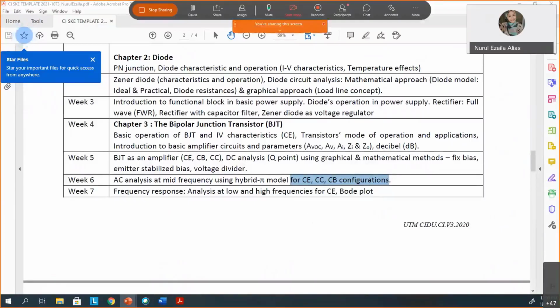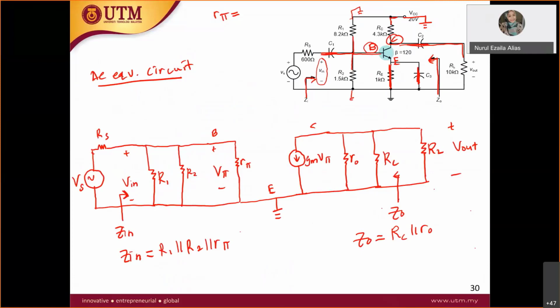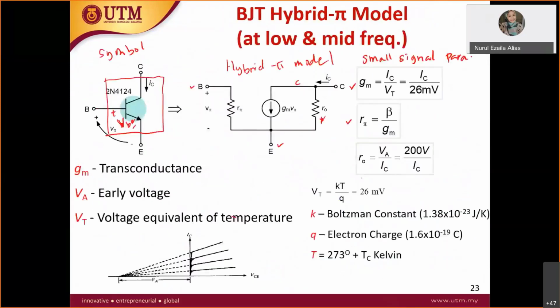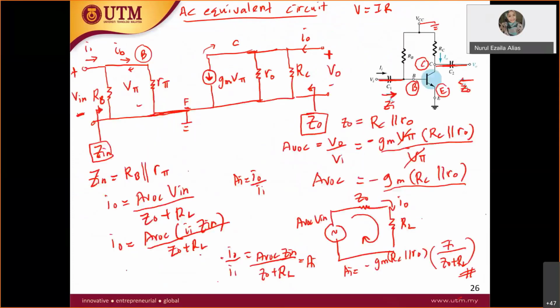Let's straight away calculate it. You have your R pi. From the previous slide, R pi is equal to beta over gm, but first you need to calculate your gm. gm is equal to IC over VT, and R pi equals beta over gm.